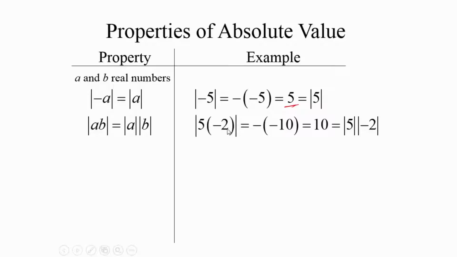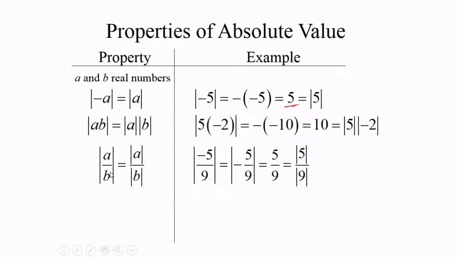Absolute value of 5 times minus 2. 5 times minus 2 is minus 10, right? Absolute value of negative number would be negative of that negative number, negative of negative 10, which is equal to 10. Now that is the same as absolute value of 5, which is 5, times absolute value of minus 2, which is 2. 5 times 2 is also 10.